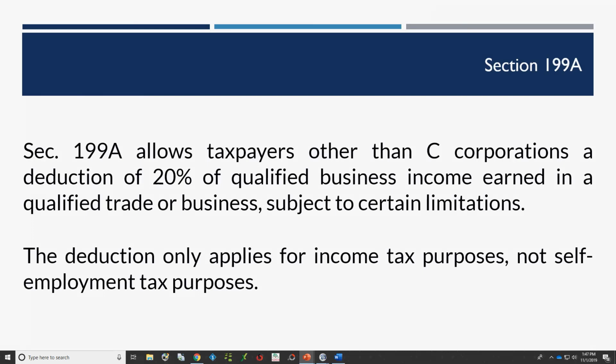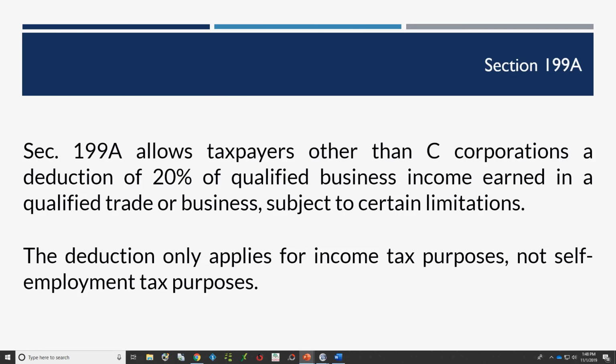Section 199A. So this is the QBI. Section 199A allows taxpayers other than C Corps, and this is important, if they're filing an 1120, anything other than the 1120S, they're not going to qualify here. It allows them a deduction of 20% of qualified business income earned in a qualified trade or business. There are limitations. This is important to note because this is a question that we got quite often last year.